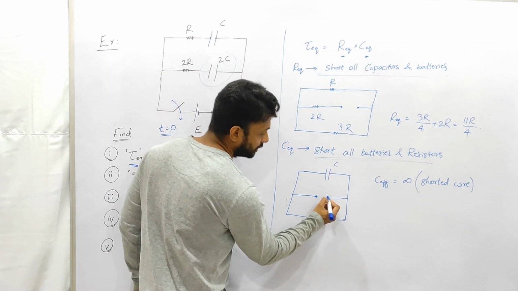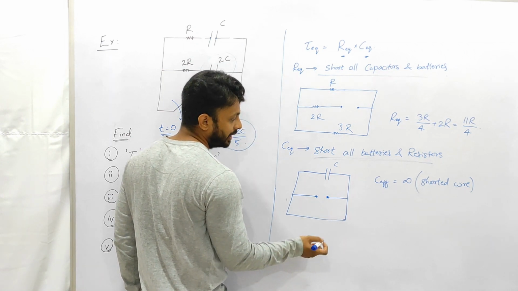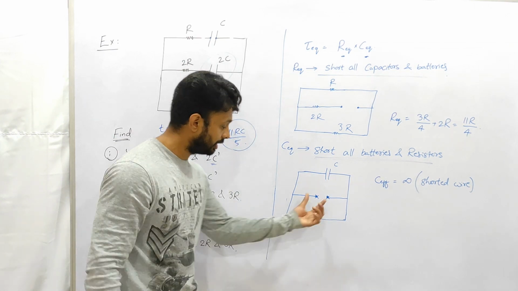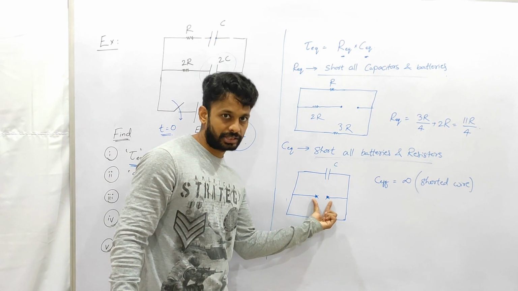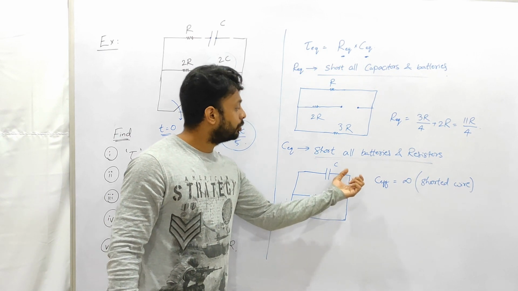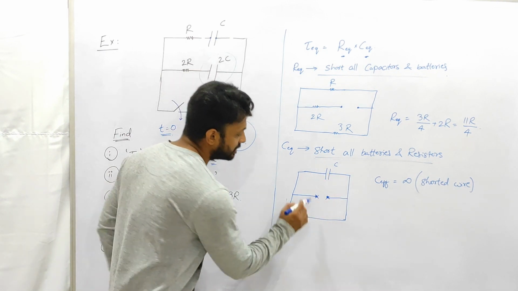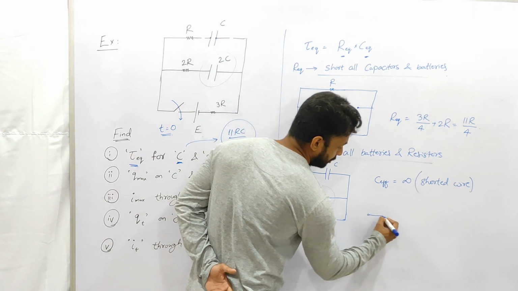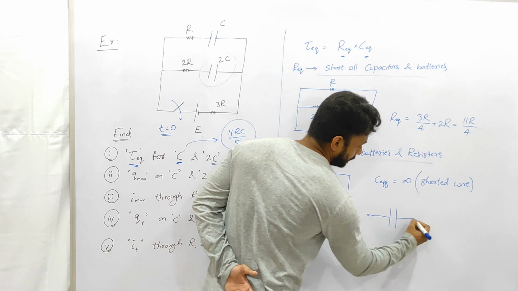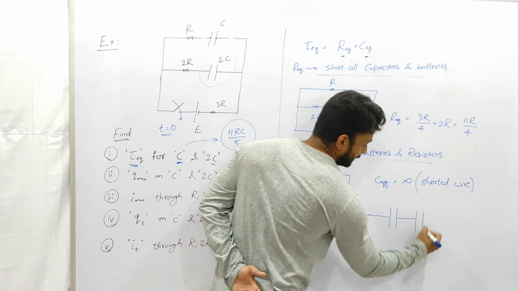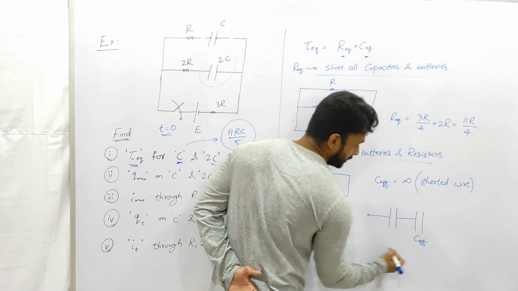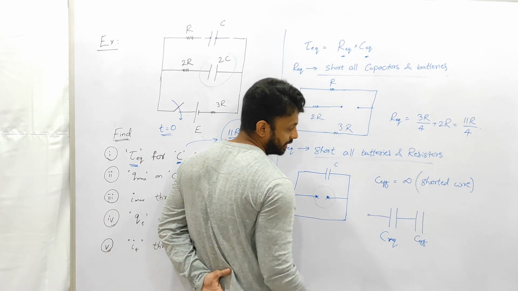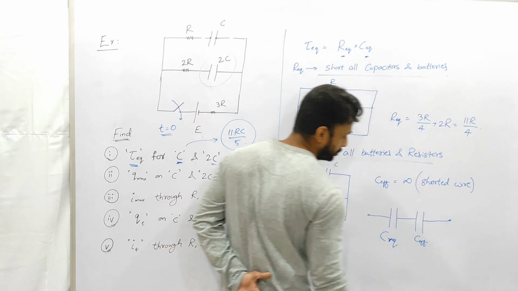Now, according to the logic, what do we do next to find the C equivalent? Assume that the C effective across the terminals of the required capacitor plates, whatever we got, is in series with its own capacitor. That means the C equivalent is nothing but that C effective and the required C, which I assume are connected in series.